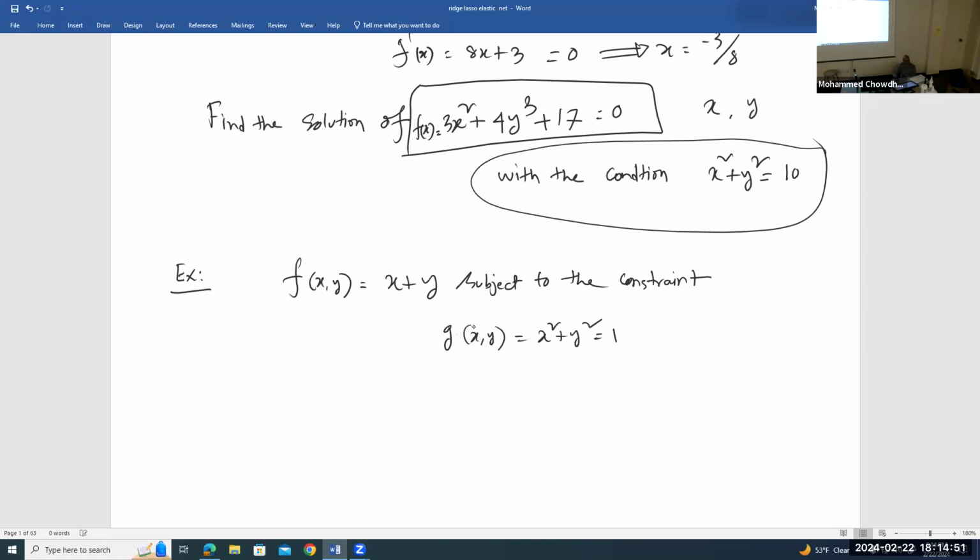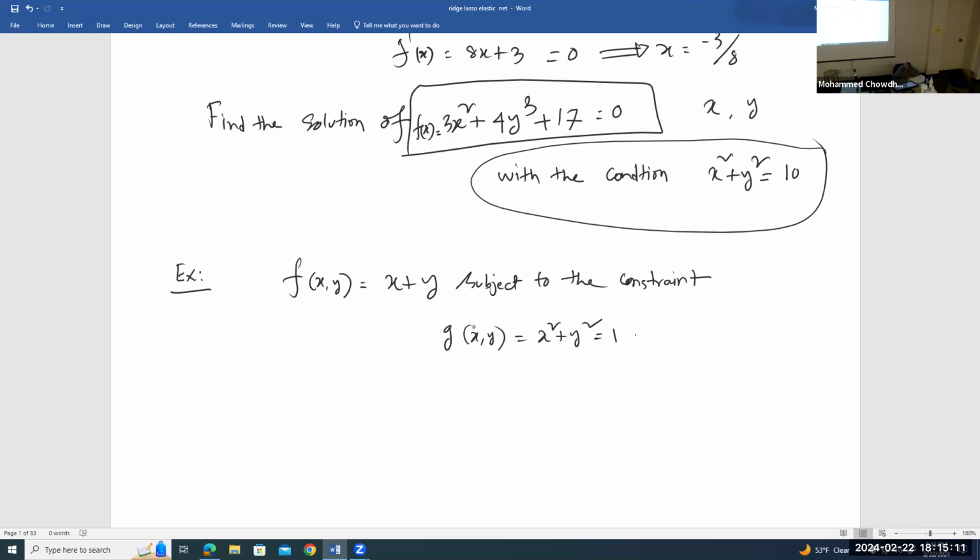Do you understand? I want to find the functional value such that x square plus y square must be equal to 1.